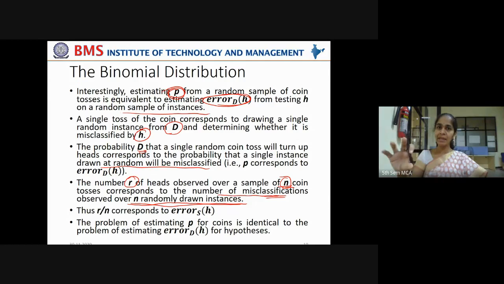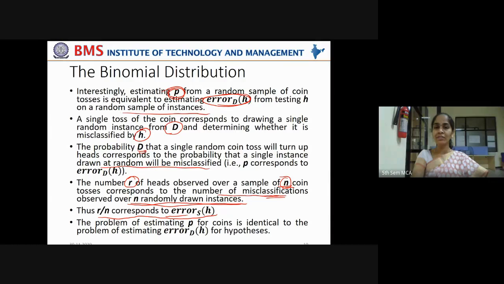Now if you take n predictions made, out of which R are wrong predictions, then the error is R by n. Did you get it? Thus, R by n corresponds to the sample error. This is what I tried to explain. Sample error is nothing but R wrong predictions made out of n total predictions made.